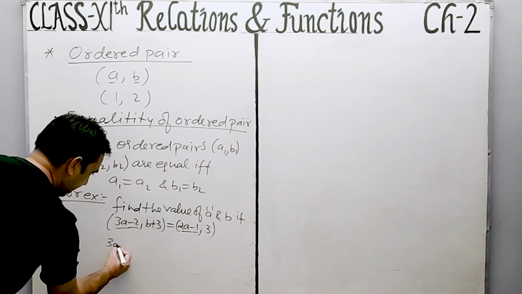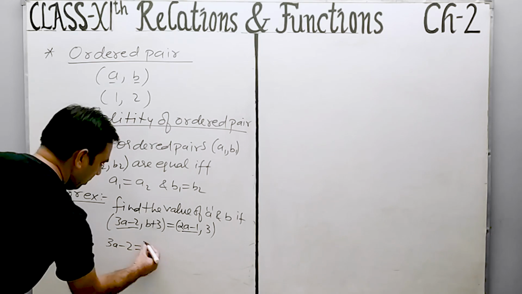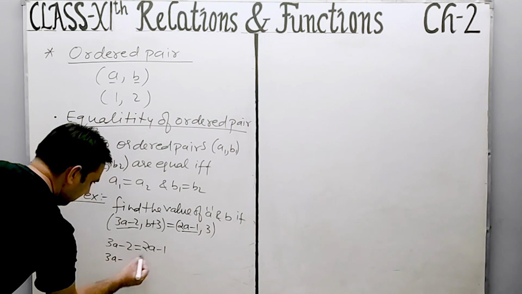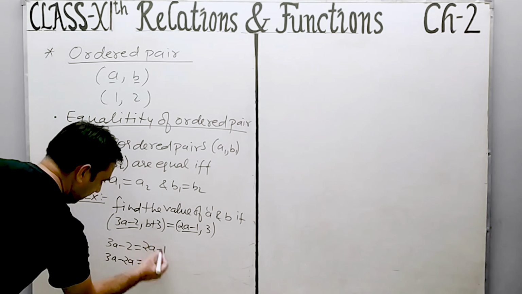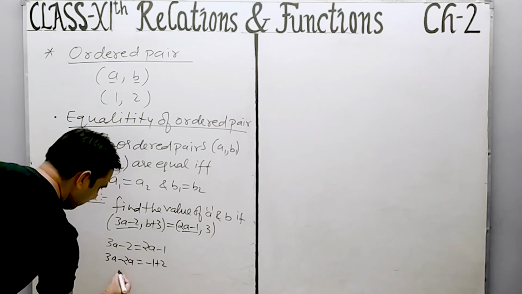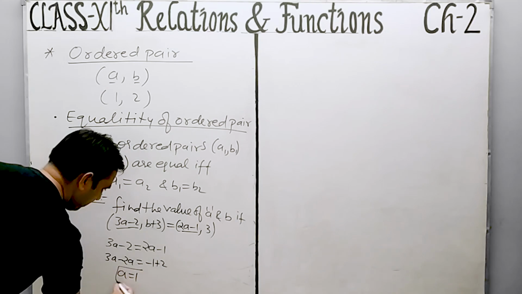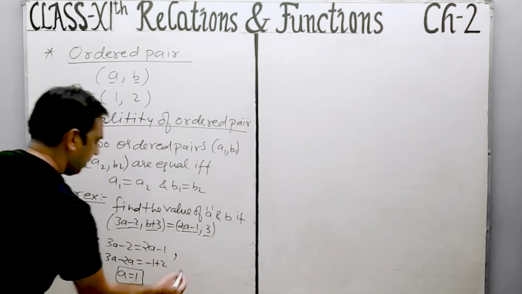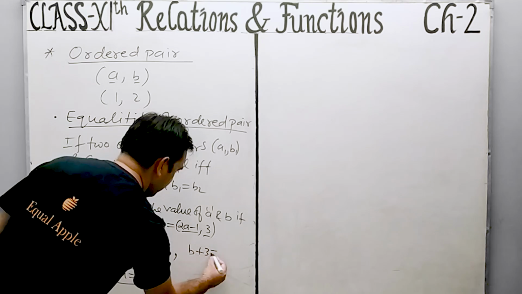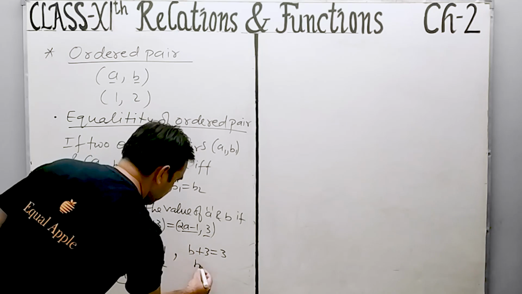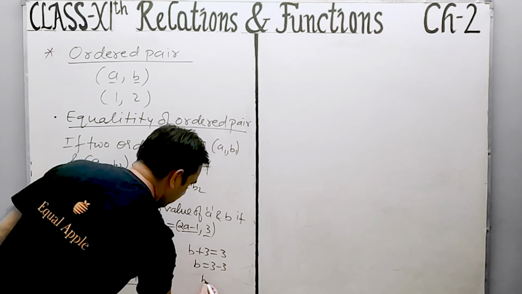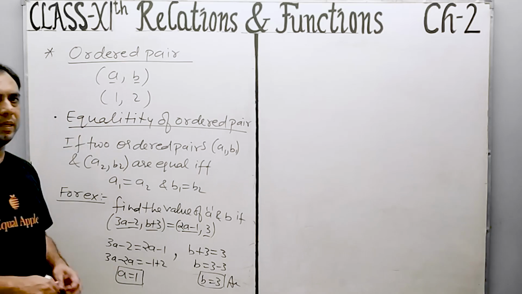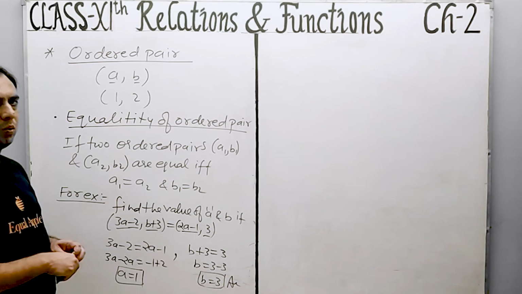So we write 3a - 2 equals 2a - 1. We can carry 2a to this side and -1 to the other side, so a equals 1, right? And here we can equate the second element b + 3 with 3, so the value of b is 0.